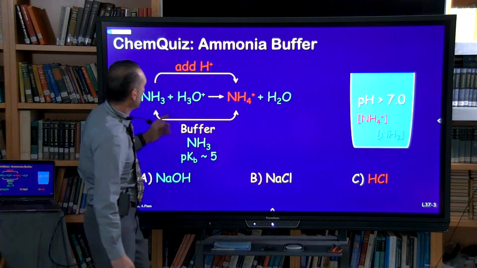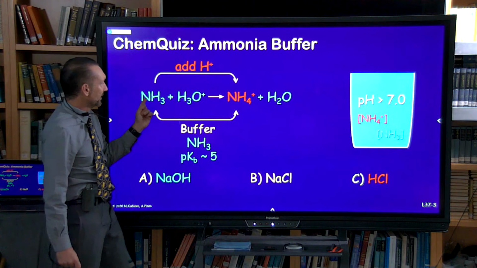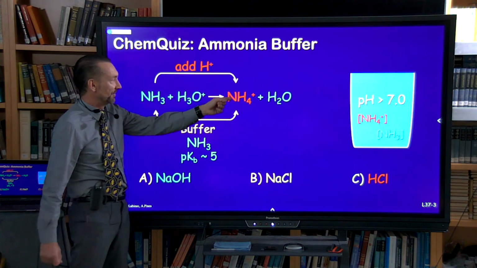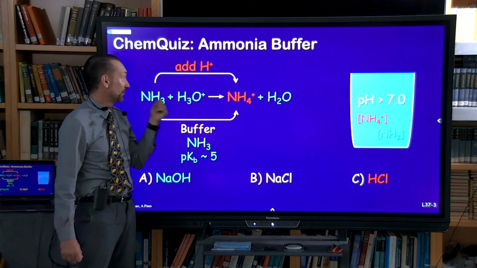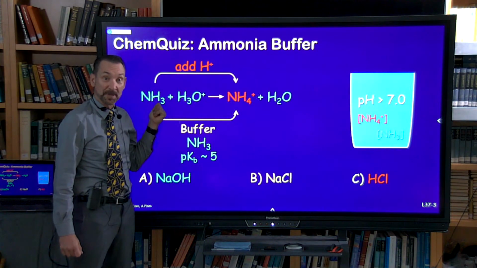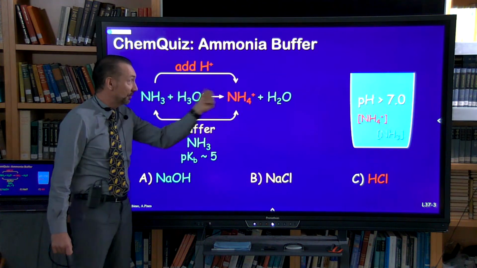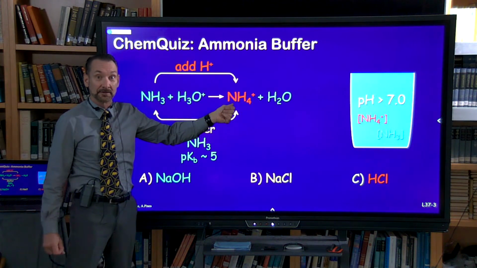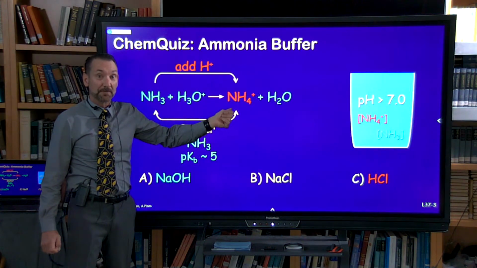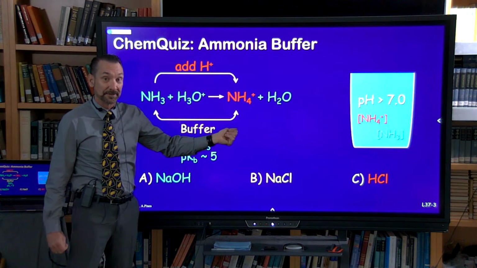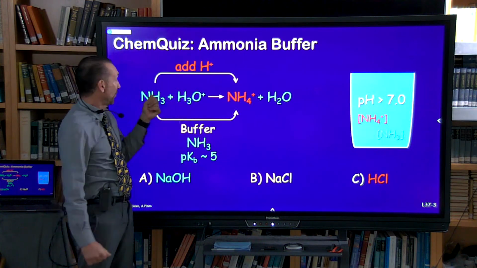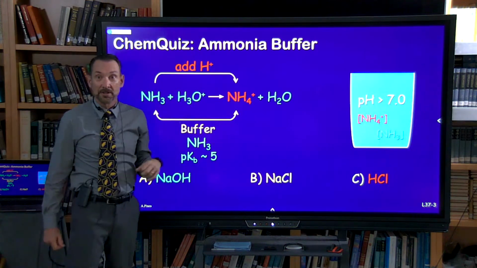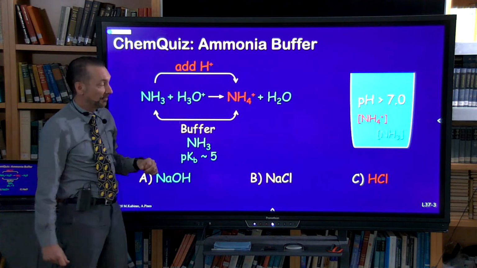If we want to get equal concentrations of this, if you just put the weak base in solution, you won't get equal concentrations. You'll get mostly the base. So to get equal concentrations, you have to add acid. So that's the buffer you can make, and you have to add acid. When those concentrations are equal, the pH will be the pKa of the weak acid.